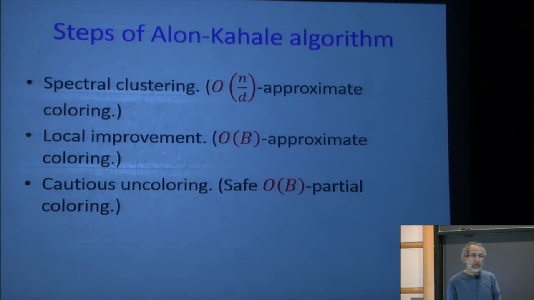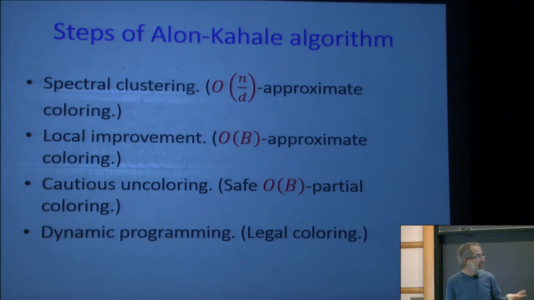Every vertex that we suspect might have a mistake, we uncolor, and we can show that this results in a safe partial coloring, meaning that every vertex that remained colored is indeed colored exactly as in the planted solution, and only few vertices are not colored. And then, because so few vertices remain uncolored, we can finish with dynamic programming that gives a legal coloring, not necessarily the planted one.